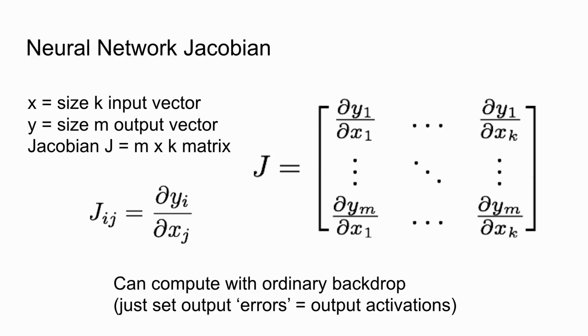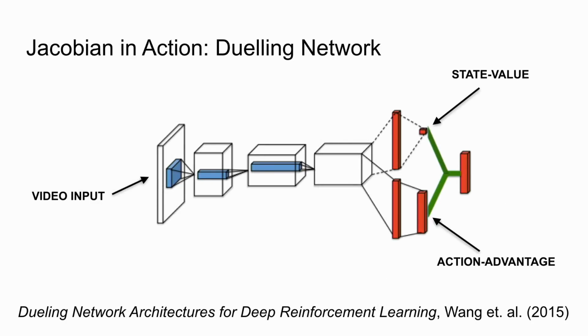And here's a little illustration of visualizing this Jacobian in action in a neural network. This is a somewhat complex neural network system that, I think, ties in nicely with what you will have been learning about in parallel, which is deep reinforcement learning. So reinforcement learning using deep neural networks. This particular neural network is an interesting one.